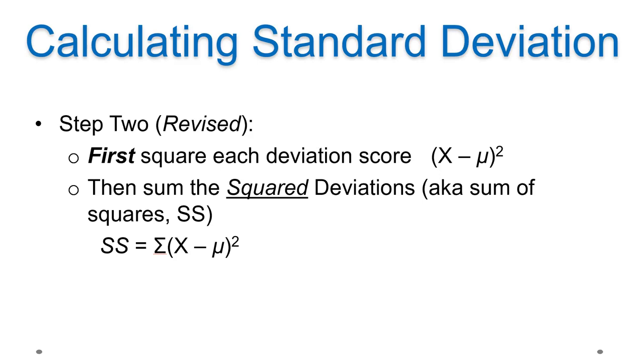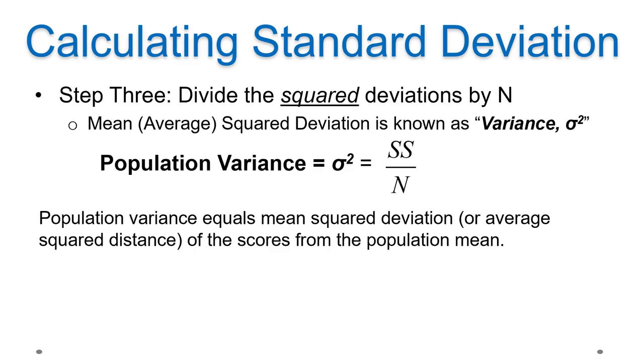The sum of squared deviations is also known as sum of squares, or SS for short. The next step is to divide the sum of squared deviations by the number of scores. This gives us the average of the squared deviations, called the variance.